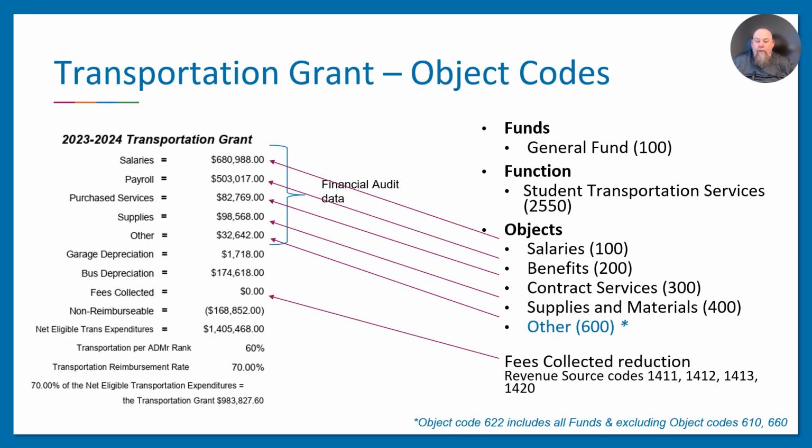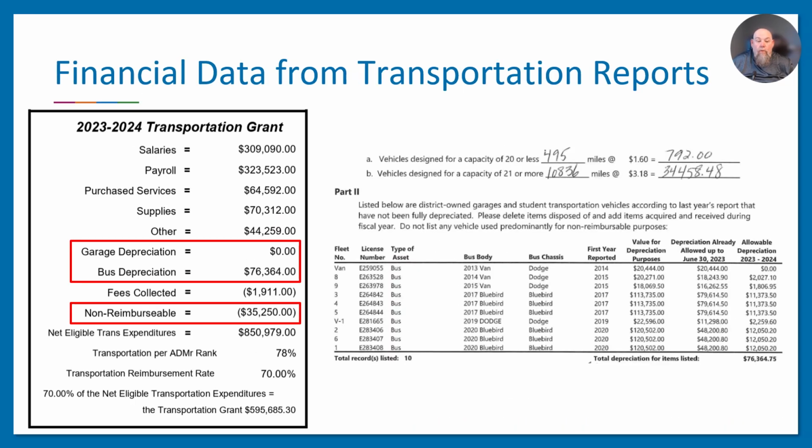We do pay depreciation in a different way, and that comes from your transportation reports. So your bus and garage transportation comes from the Form 3171 along with your non-reimbursable miles. So the non-reimbursable mile shows up as a reduction of your expenditures, and those are calculated by you right there on the top of the depreciation schedule.